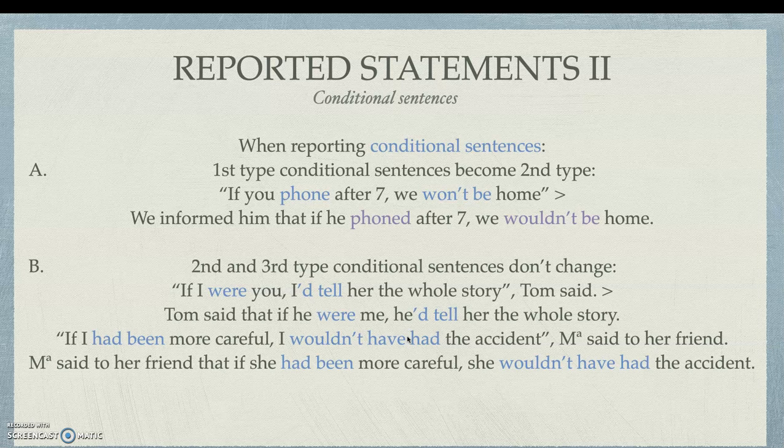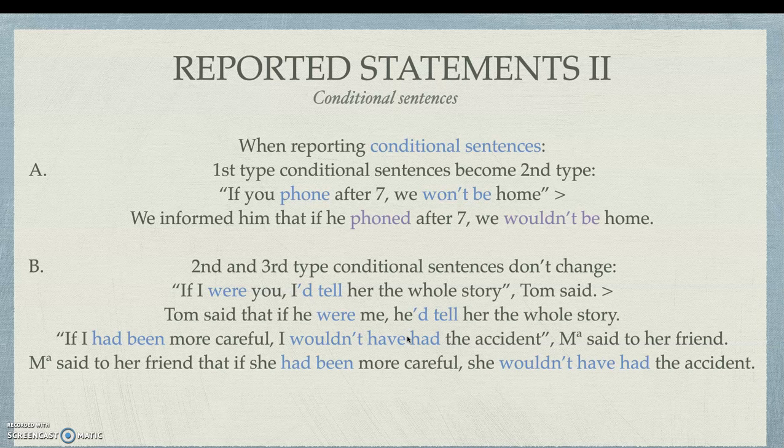We have to have in mind also what happens with conditional sentences. When reporting conditional sentences, the first type conditional sentences become a second type conditional sentence. For example, "If you phone after 7, we won't be home."